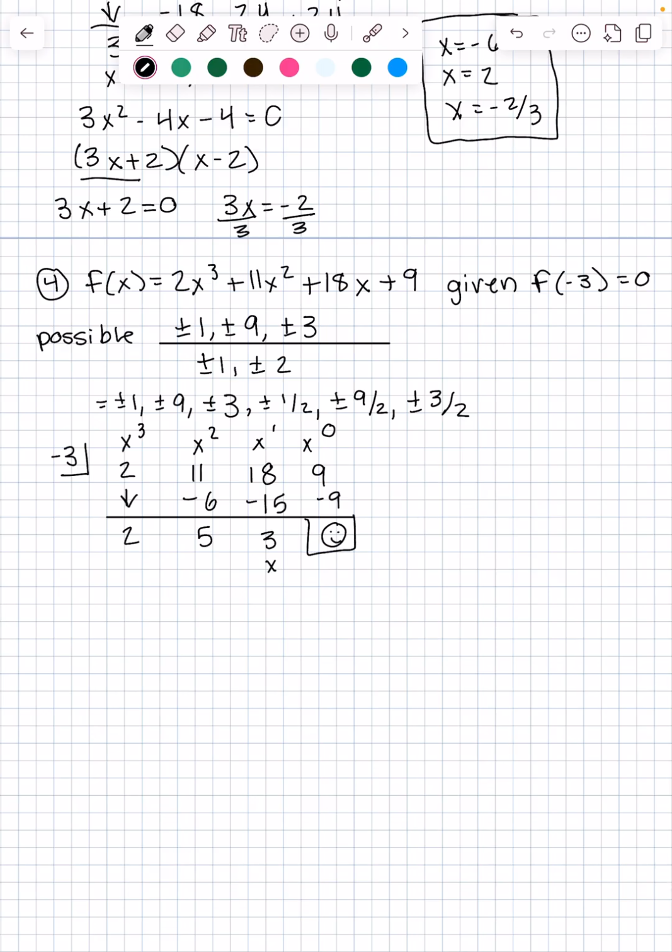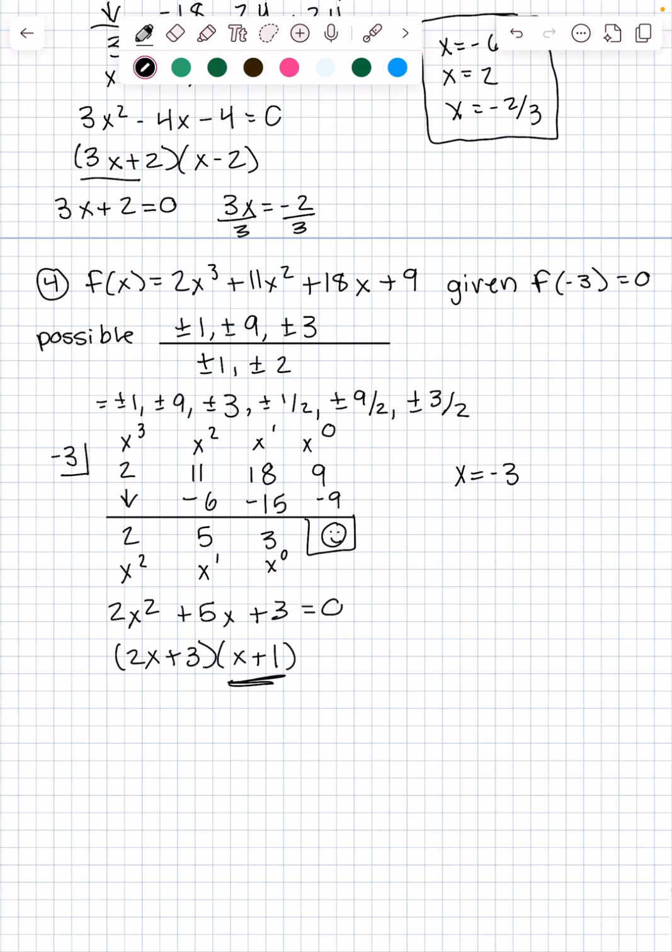And then turn this into a quadratic. So that's 2x squared plus 5x plus 3. Again, to factor this is a guess and check problem, and this factors to 2x plus 3 times x plus 1. So again, we already know one of our solutions is x is equal to negative 3.